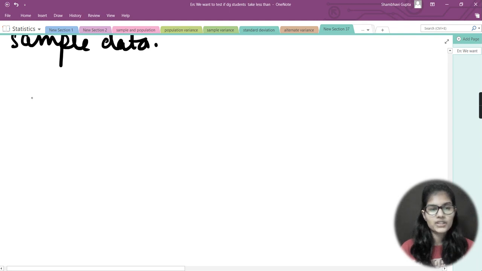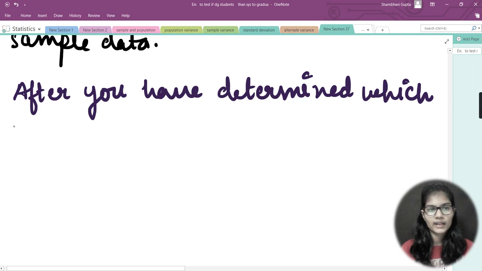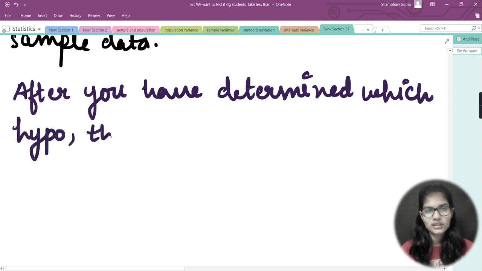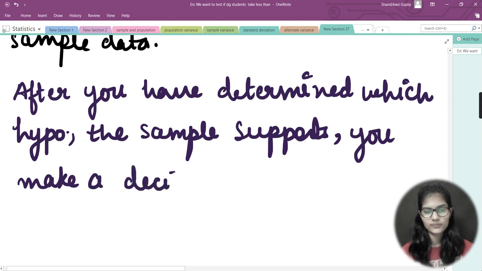I would add that after you have determined the hypothesis, the sample supports, you make a decision, right? So after you have determined which hypothesis you are taking, and which hypothesis the sample you have is supporting, after that you make a decision.